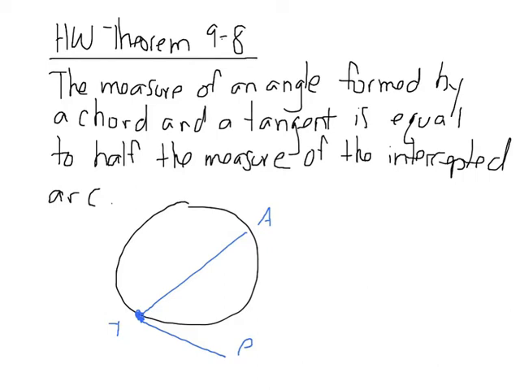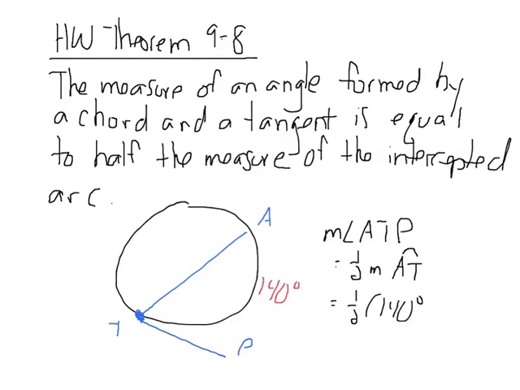What we're saying is if the measure of arc AT is 140 degrees, then the measure of angle ATP is equal to 1/2 the measure of arc AT. That is 1/2 of 140 degrees, or 70 degrees.